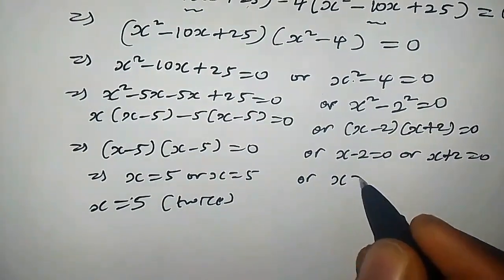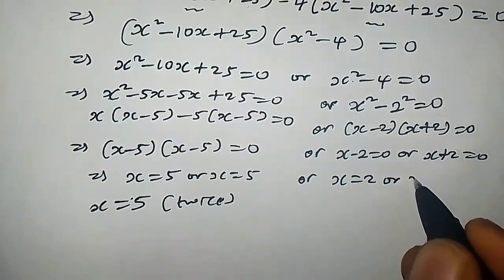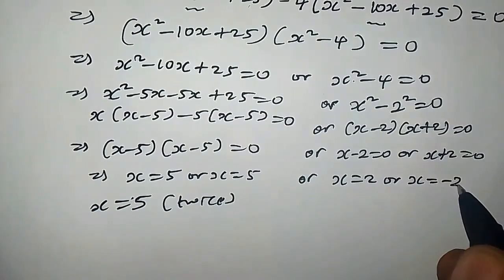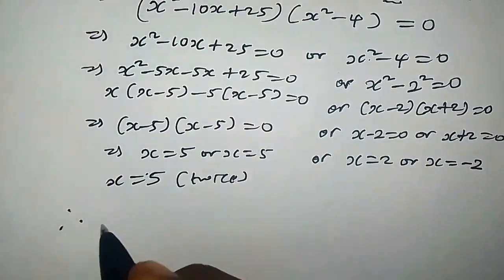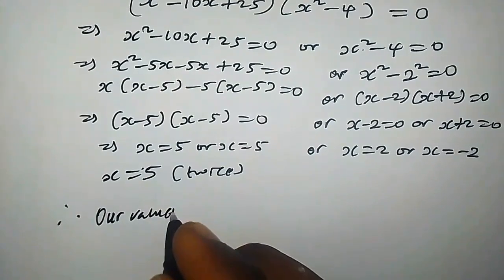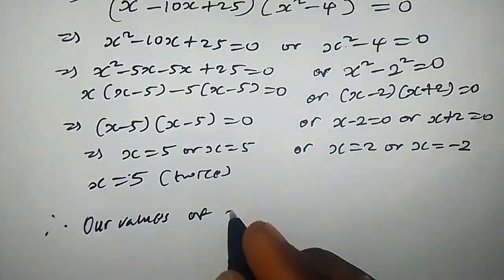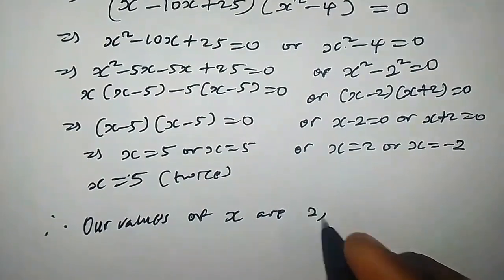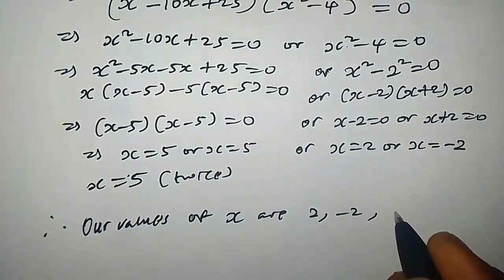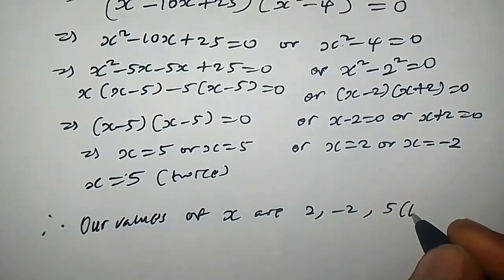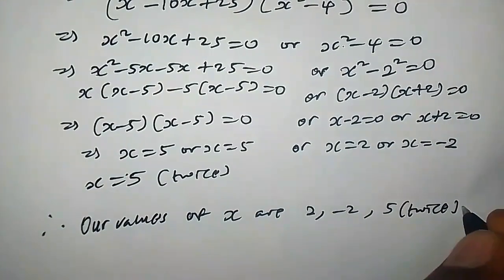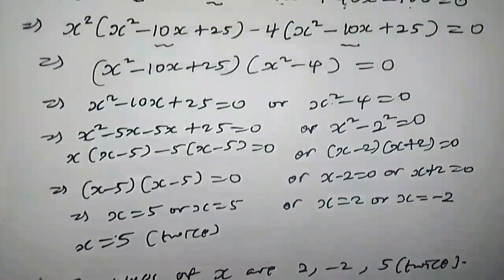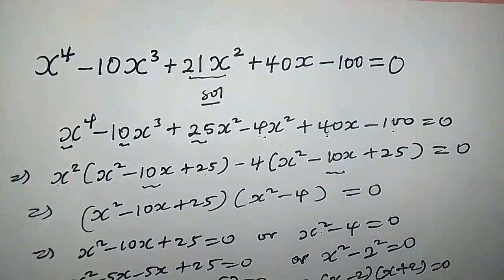So the value of x is equal to 2, or x is equal to negative 2. Therefore, our values of x are 2, negative 2, and we also have 5, which is twice. So these are the roots of this quartic equation.